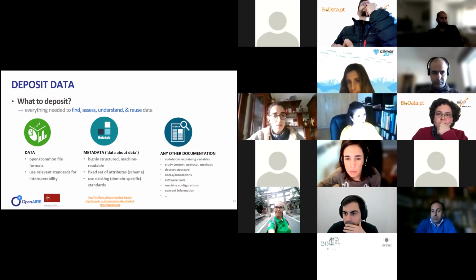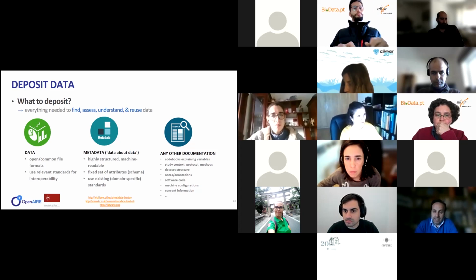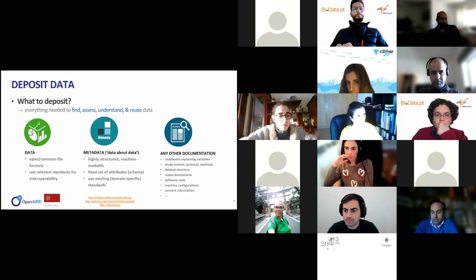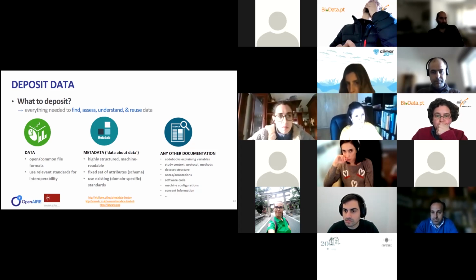This is important to highlight: when we deposit data, it must be a comprehensive set of information with data and other documentation. Of course, this is a process. This is a learning process, not easy to do for all researchers.